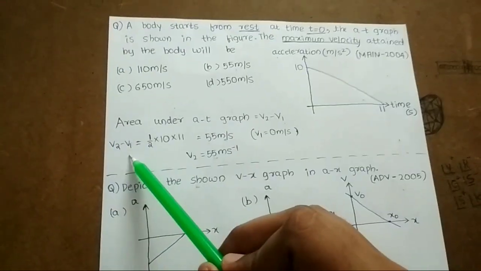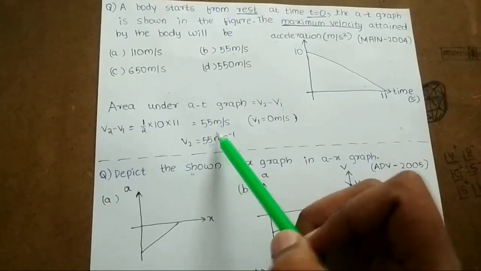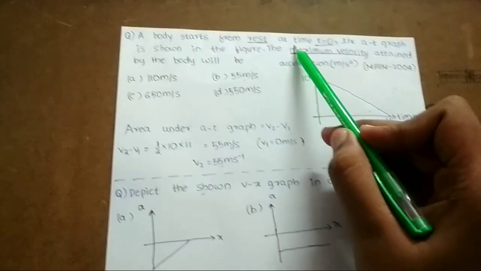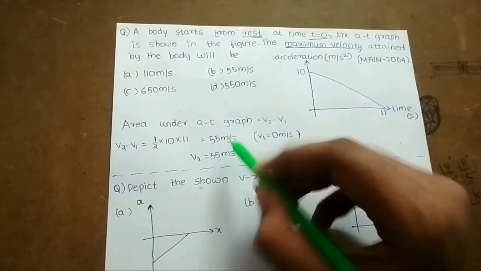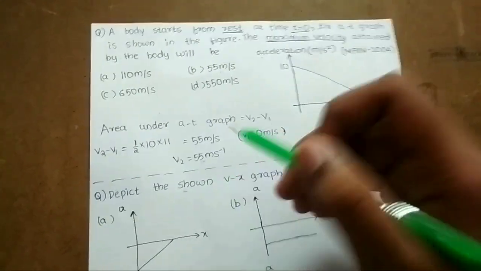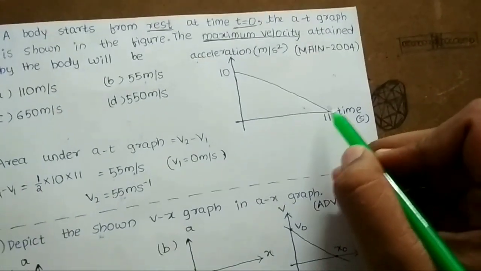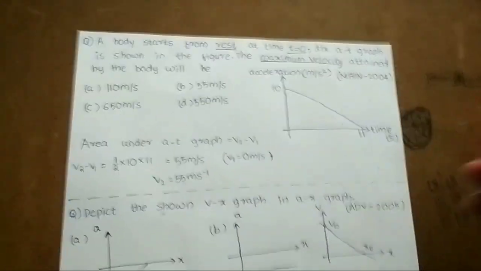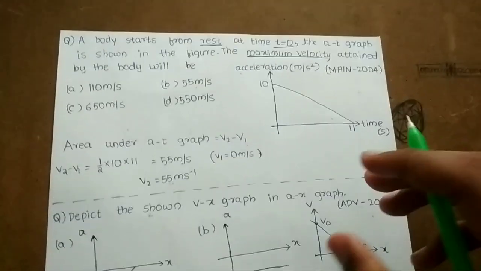V2 minus V1 is equal to 55. From the question, we know that V1 is equal to 0, so V2 equals 55 meter per second. At this point, velocity is 55 meter per second, and since there is no acceleration from that time, velocity doesn't change.